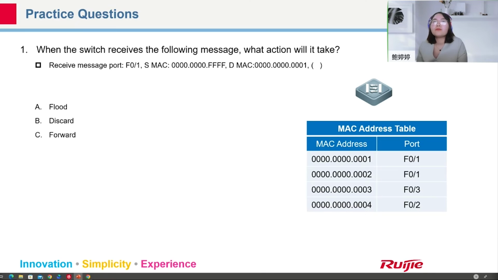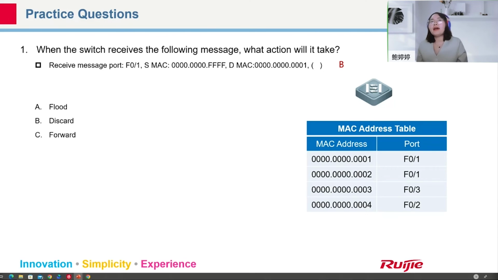According to the MAC address table: discard, forward, or flooding? The first one, I already see some answers, right? The special thing about the first is that we discard. Yes, this is the correct answer.